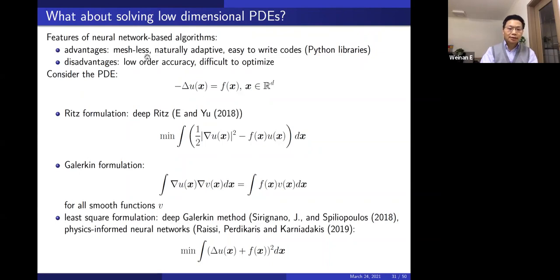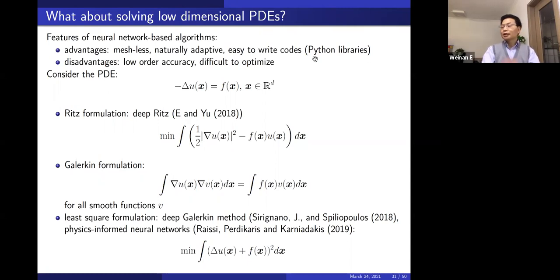It's meshless. There's no grid. One doesn't have to put up a grid. It's naturally adaptive. You can naturally put more grid, so there'll be higher resolution in places where the solution tends to be singular. And the most important of all, I think, which actually overrides these two, is that it's easy to write code because there are lots of Python libraries.